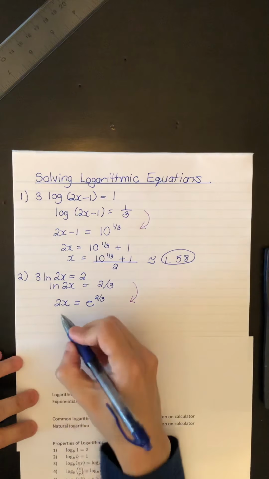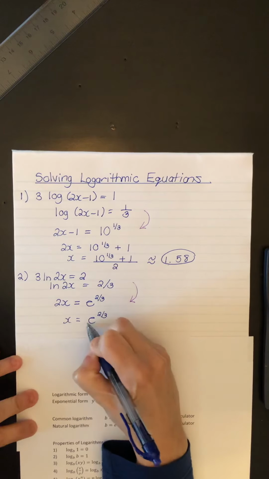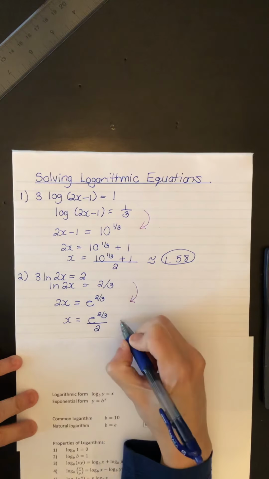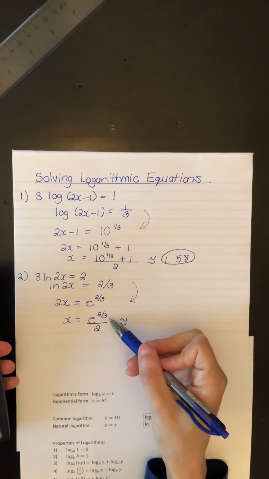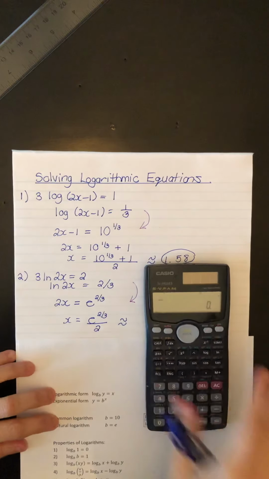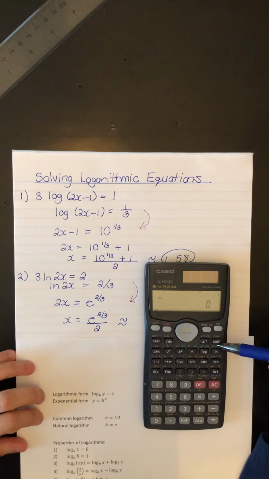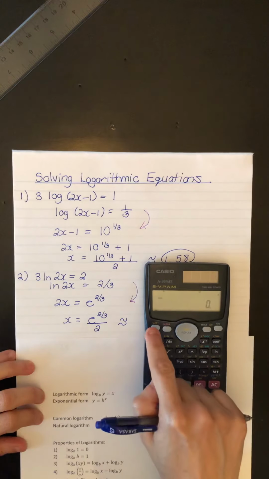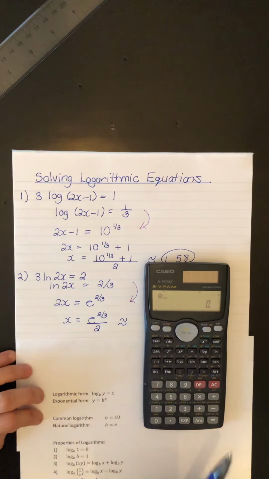To evaluate this, all we have to do now is divide by 2. So in punching this in, we use the fact that the exponential function is the inverse of that natural logarithm. So we're going to go shift ln to make the e appear.